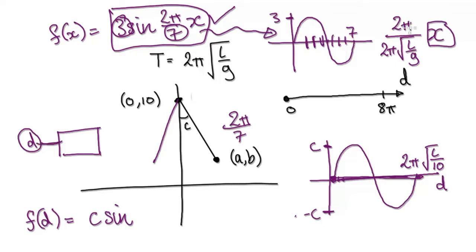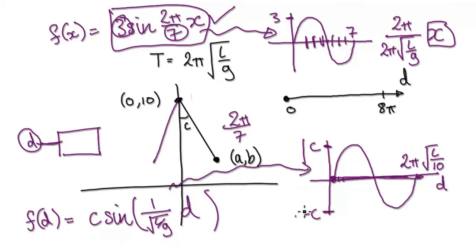If you look at this, 2 pi cancels out with this 2 pi here, so it would be 1 over root L over G, and then stick a D in here. So now this thing here will generate this.